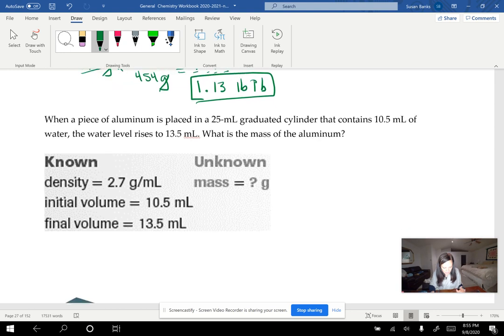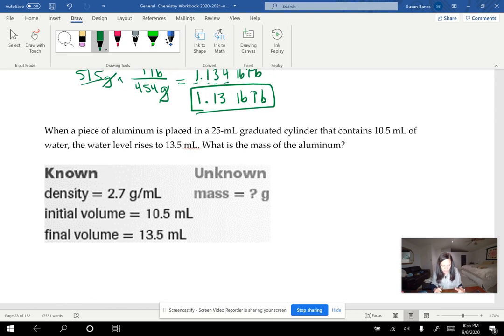When a piece of aluminum is placed in a 25 milliliter graduated cylinder that contains 10.5 mils of water, the water level will rise up to 13.5. So let's picture this. If I have a graduated cylinder and I have some water in here, and I'm going to make my water pink.